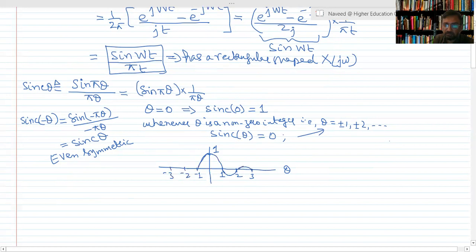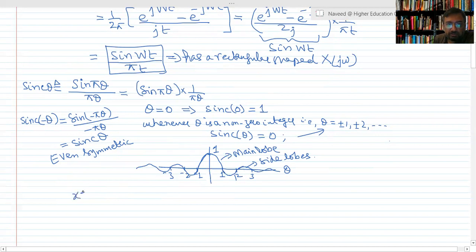So the magnitude further decreases. And the same thing happens on the negative side. We call this the main lobe of the function, and all these are the side lobes. This is how sinc theta is defined, and this is how sinc theta looks.